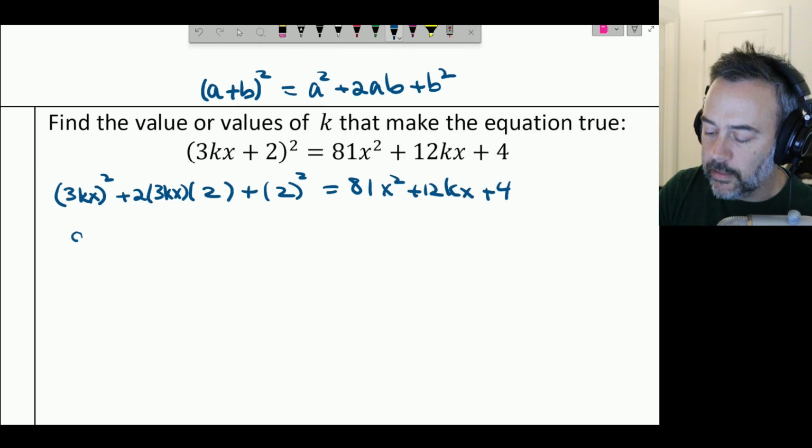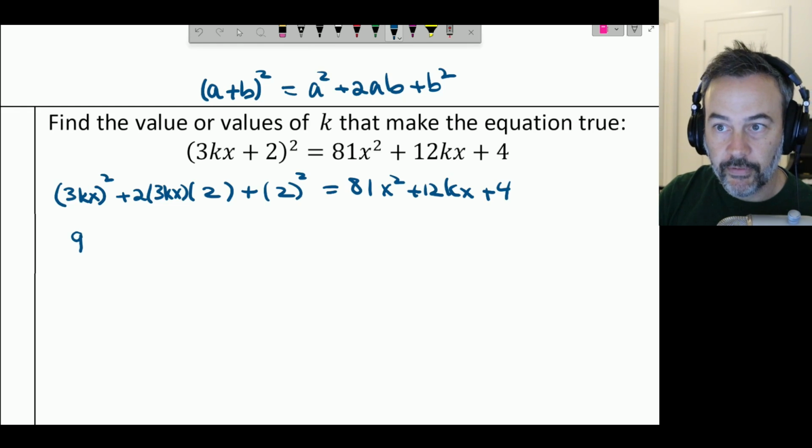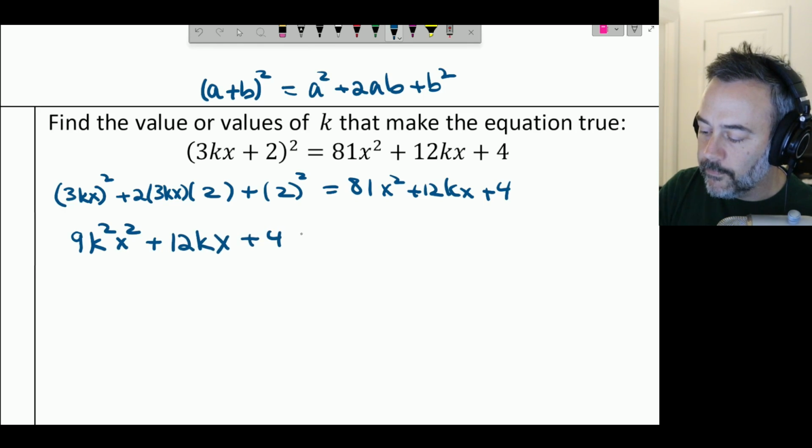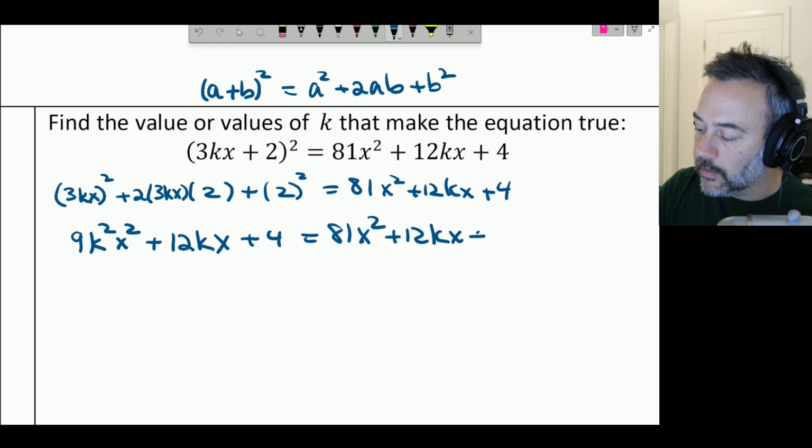Left-hand side would be, of course, that power of 2 applies to every factor inside the parentheses. So 9k squared x squared plus 2 times 3 times 2 is 12kx plus 4 equals 81x squared plus 12kx plus 4.